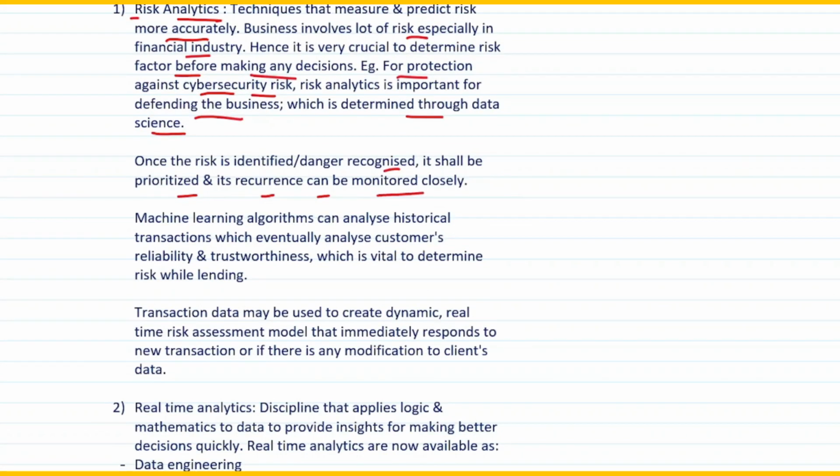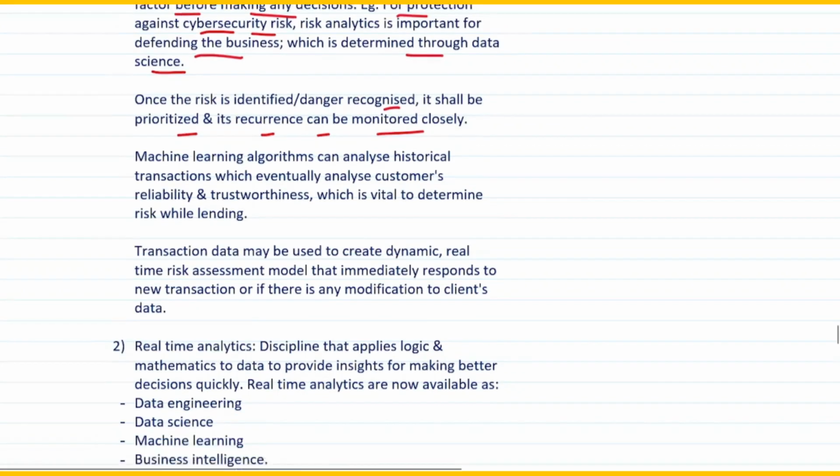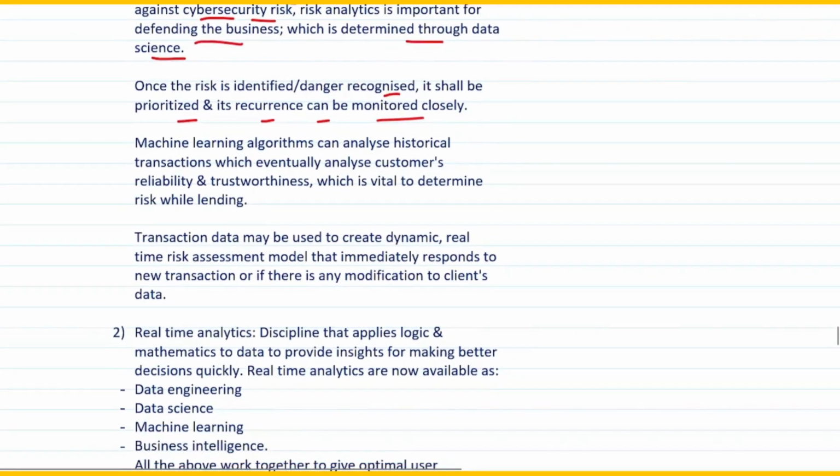So once you know what exactly is the risk, then you prioritize it accordingly, and just to make sure that it doesn't repeat, you have to keep an eye on it so that it is being monitored very closely, right? Then you talk about machine learning algorithms. Machine learning algorithms can analyze historical transactions, which eventually analyze customers' reliability and trustworthiness, which is vital to determine risk while lending.